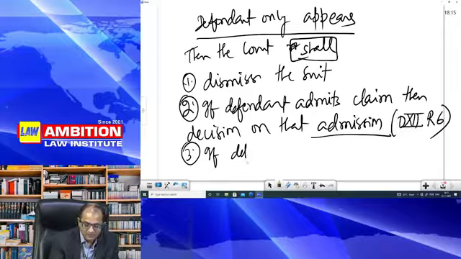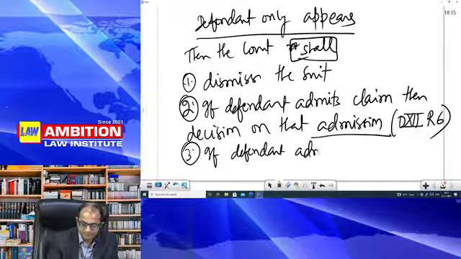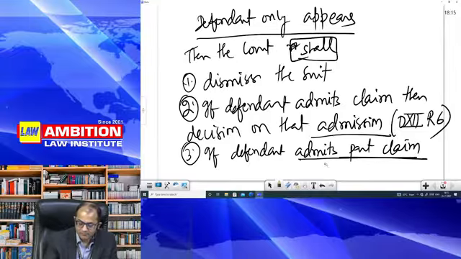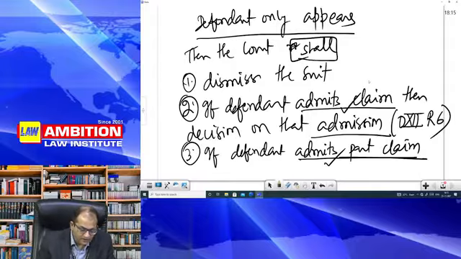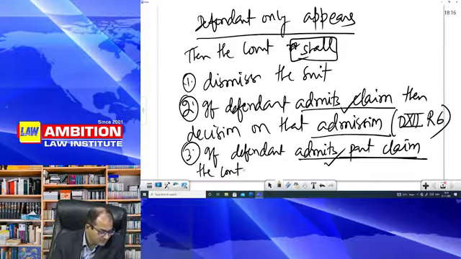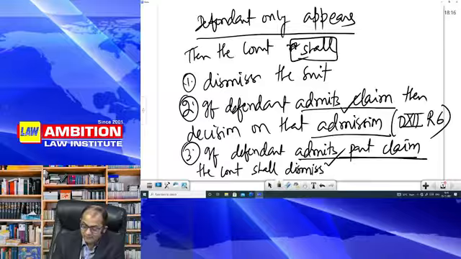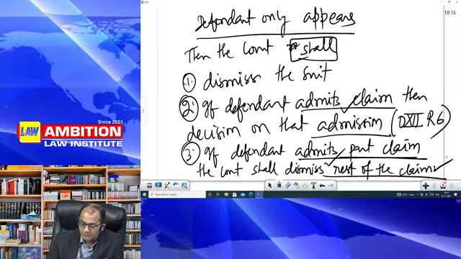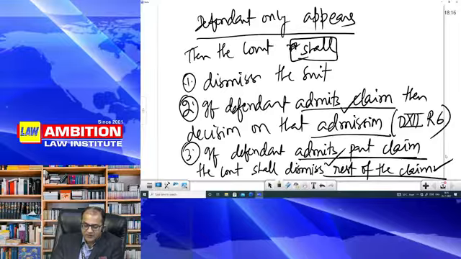If defendant admits part claim, where part only of the claim has been admitted, then the court shall dismiss the suit so far as it relates to the remainder. Admits part claim, then court will dismiss the rest of the claim.